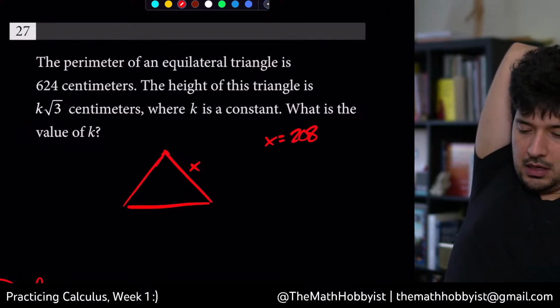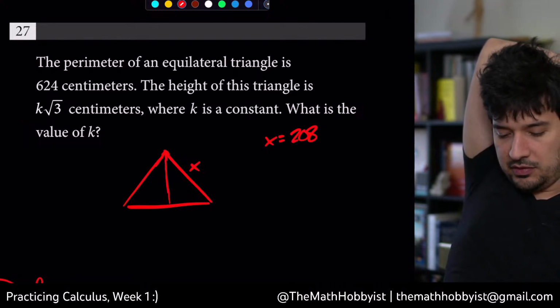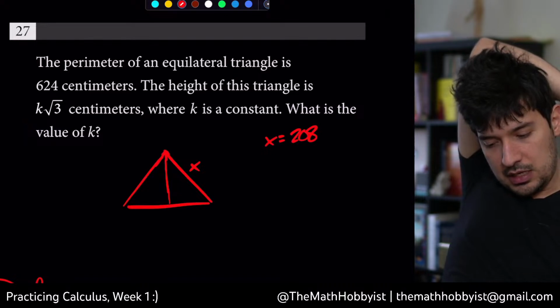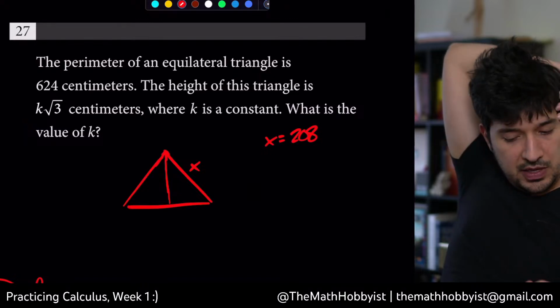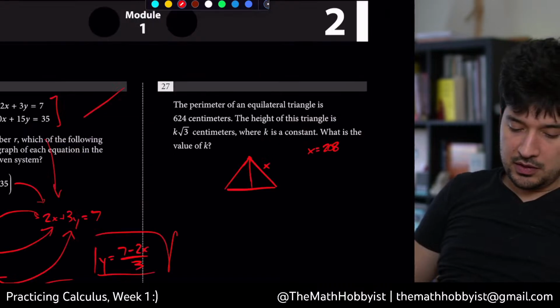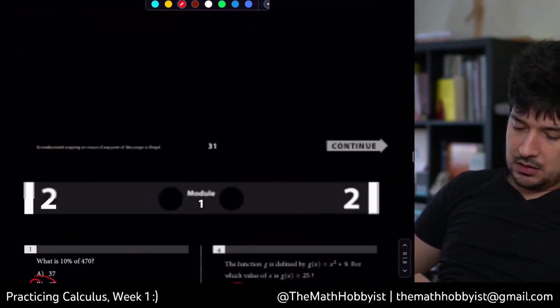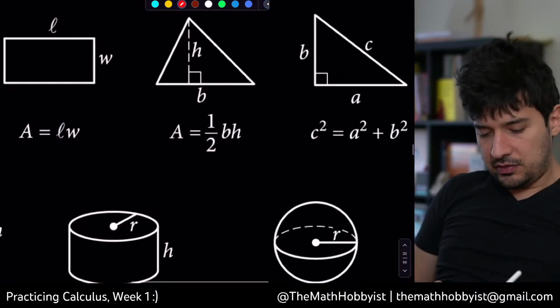The height of the triangle is k root 3 centimeters, where k is a constant. What is the value of k? This is one of those special formulas that I've forgotten in my old age. You can derive it really quickly with the Pythagorean theorem.